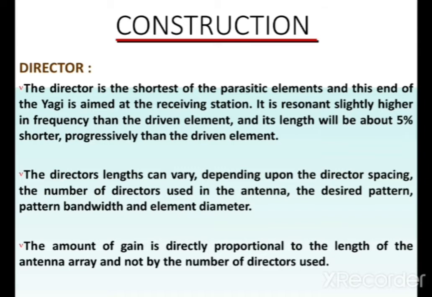So this depends on the spacing, the number of directors used in the antenna, the desired pattern, the pattern bandwidth, and the element diameters. This whole geometry is very important here. The amount of gain is directly proportional to the length of the antenna array and not to the number of directors used. Okay, so this is about the director.